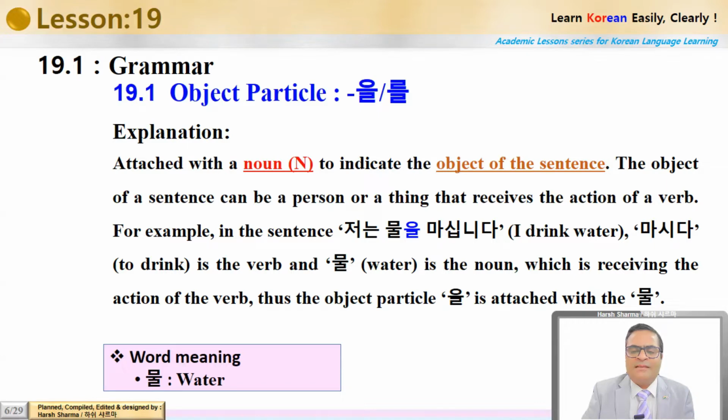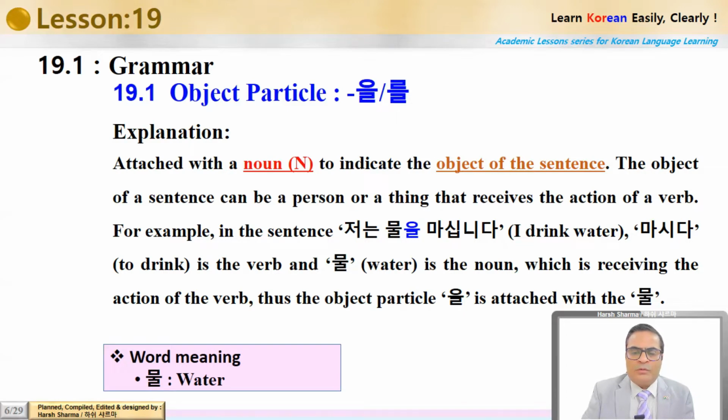Meaning of this sentence is I drink water. 저는 is I, 물 is water, 을 is the object particle, 마십니다 is to drink. 마시다 is the root form. Again, in this sentence, 마시다 is the verb here, and 물 is the noun.